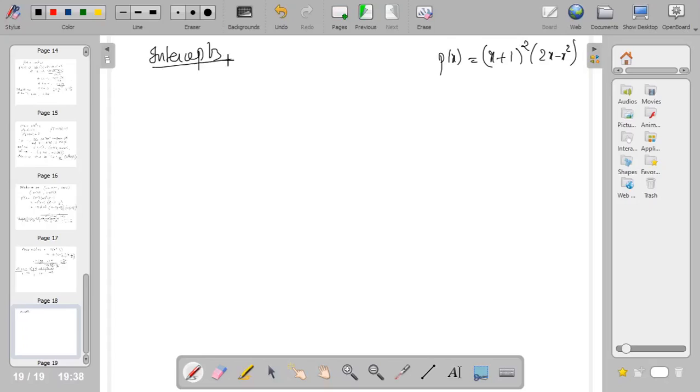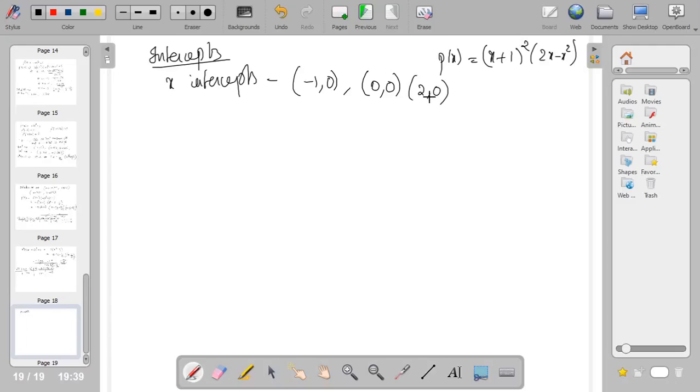So the x intercepts are the roots, so that will be minus 1, 0, and you have 0, 0, and you have 2, 0.